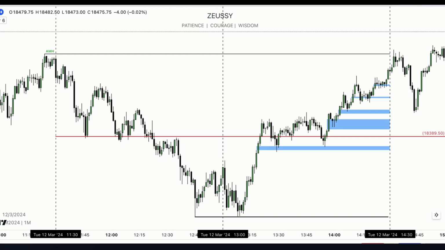But this big fat red line represents equilibrium, or the range midpoint of the 11:30 to 1 time window. Meaning, what I've done is that I've measured from this high to low, equilibrium, range midpoint, and I've extended that line on my chart all the way through to the next 90-minute cycle from 1 to 2:30 PM.